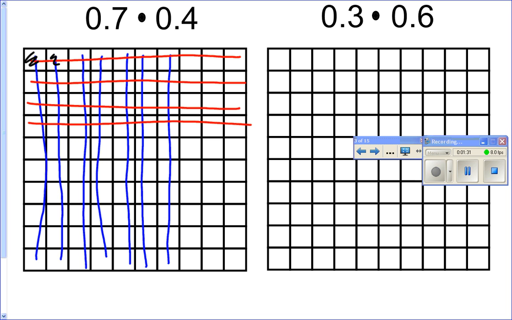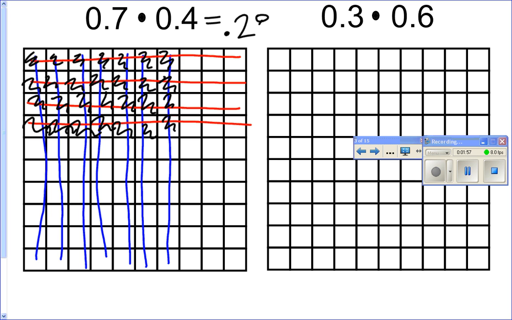There's 1, 2, 3, up to 28. So there are 28 out of 100 squares that are shaded in both colors on this square.